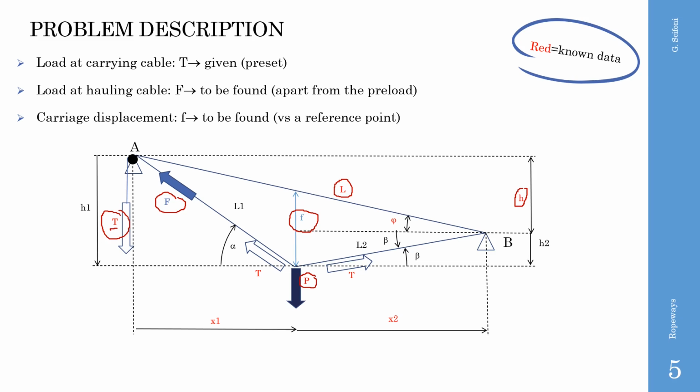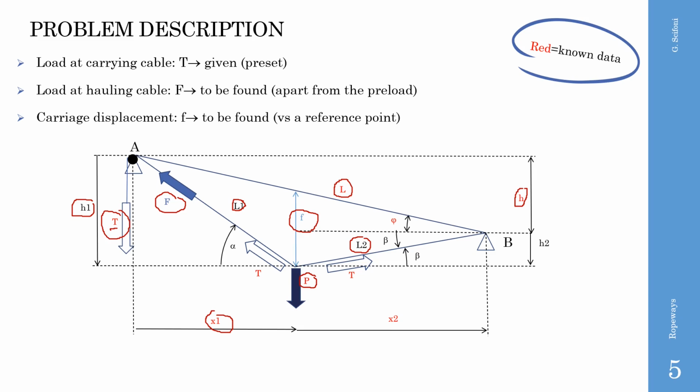Moreover, we call capital L1 the distance between capital A and capital P, and capital L2 the distance between capital P and capital B. The horizontal and vertical components of capital L1 we call X1 and H1 respectively, and the same we do for the components of capital L2.